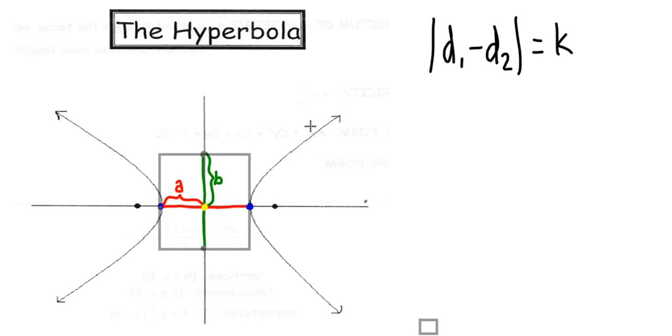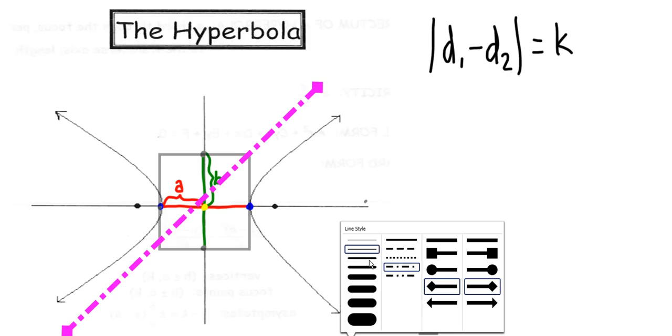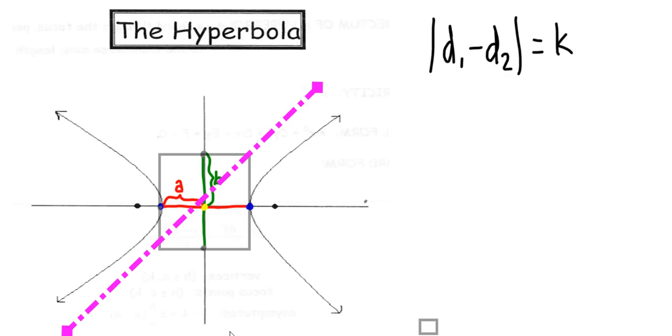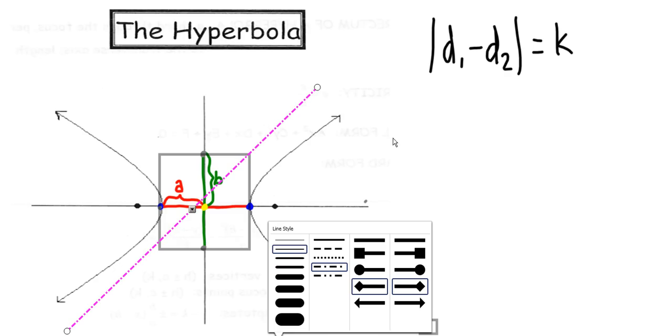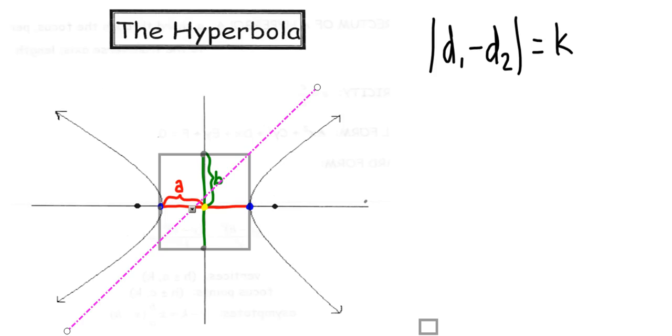So if we were to draw the slant asymptotes, there's one. And then if we were to draw the other, again, it's got to go through the opposite vertices of that rectangle.